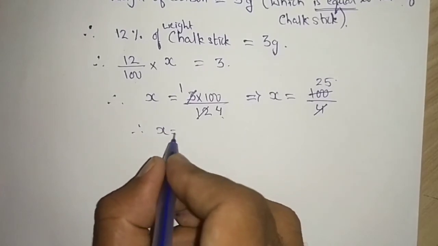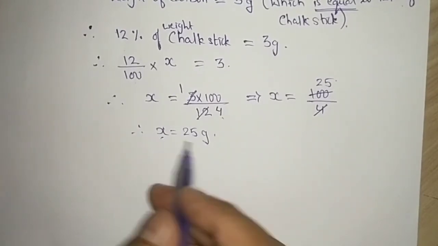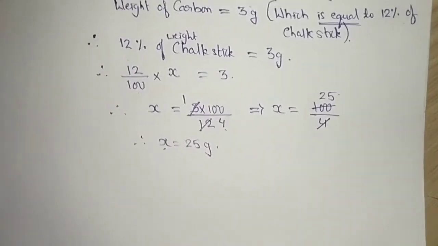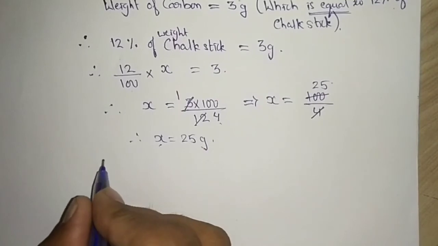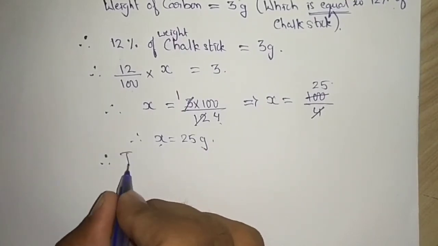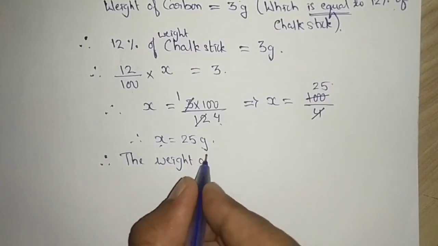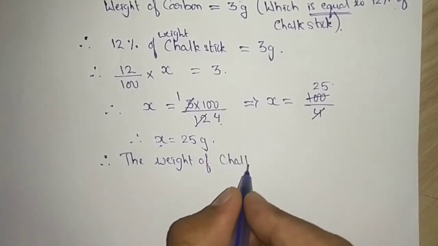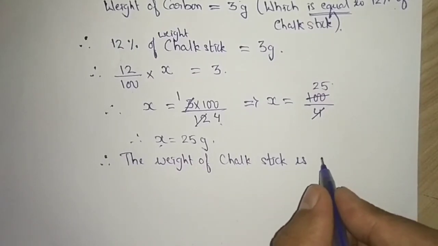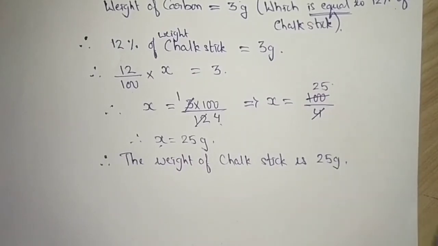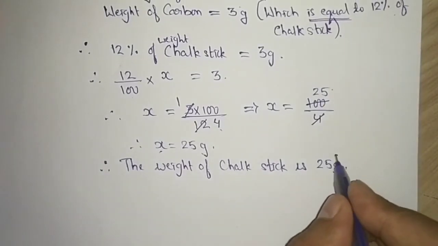Therefore x is equal to 25 gram. And x is nothing but the weight of the chalk stick. Therefore the weight of the chalk stick is 25 gram. So this is our answer.